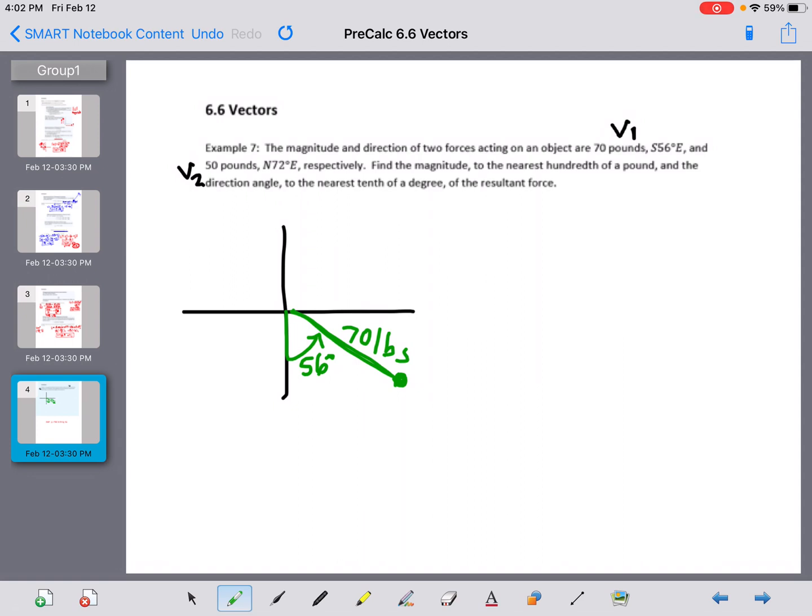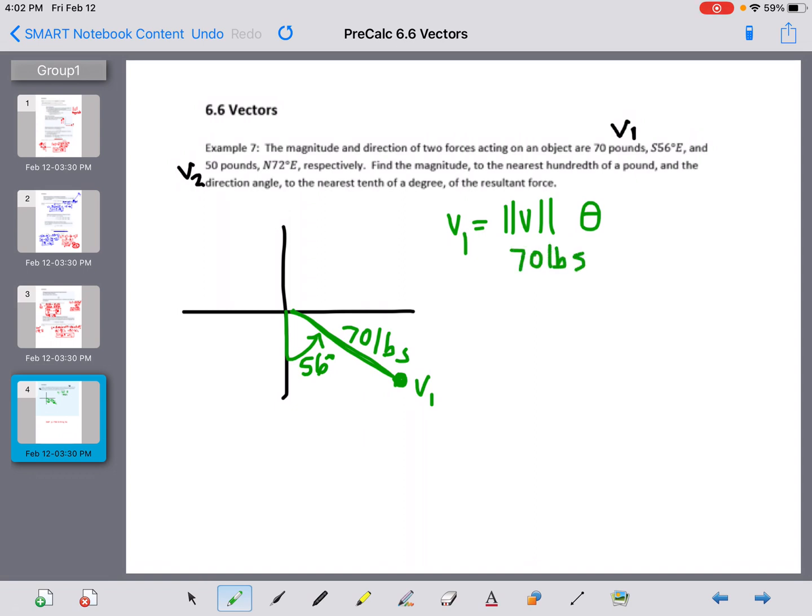So let's work first with just vector 1 and figure out what its vector format is. For any vector, I need a magnitude and I need an angle. The magnitude is pretty easy right now. The magnitude is 70 pounds.